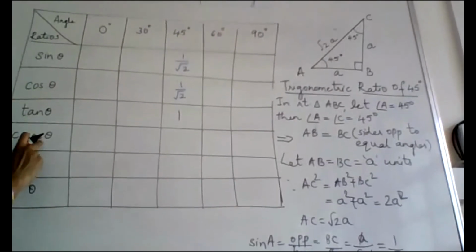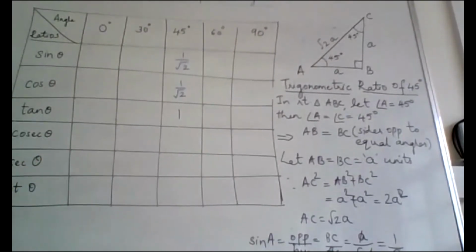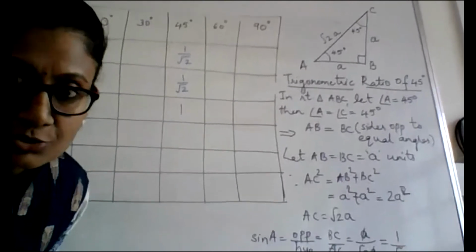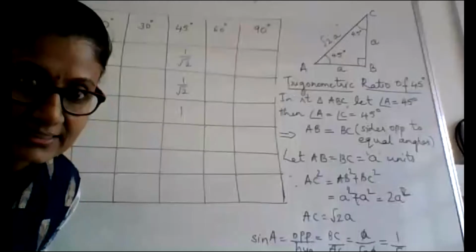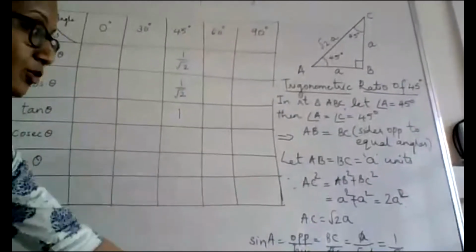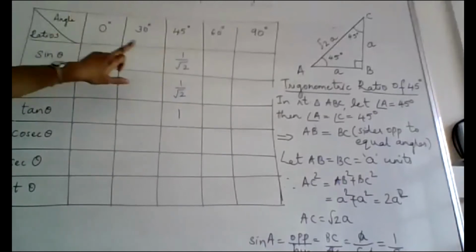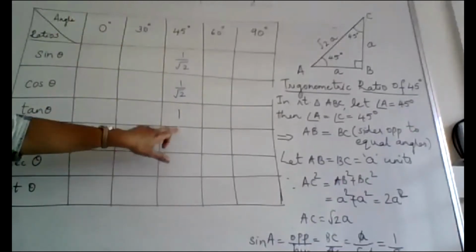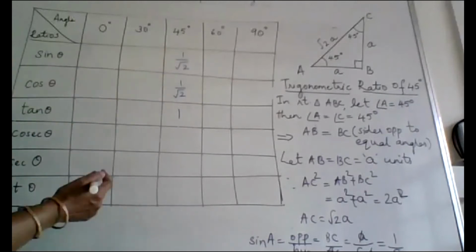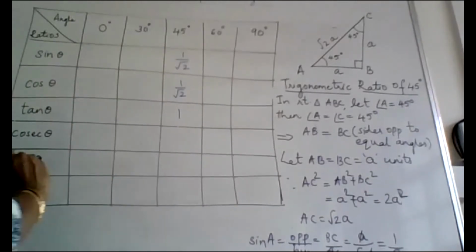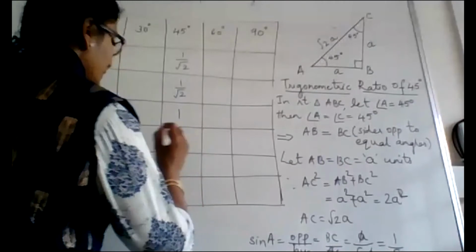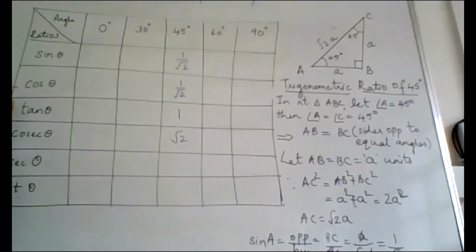Now should I go and calculate the value of cosecant 45, secant 45 and cot 45? How will I find it out? Ma'am, reciprocal of. Yes, because they are the reciprocal ratios, I don't have to go and find them out separately. I take the reciprocal of sine 45 as cosecant 45. So what is the reciprocal of 1 by root 2? It will be root 2 itself. Right? Similarly, secant is the reciprocal of cos. So 1 by cos 45 is secant 45.